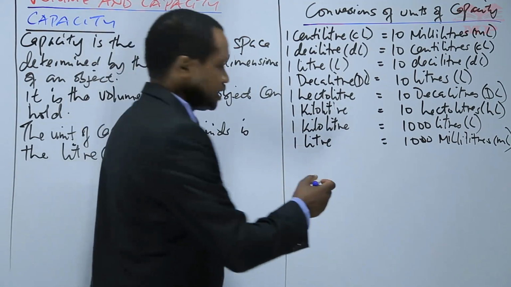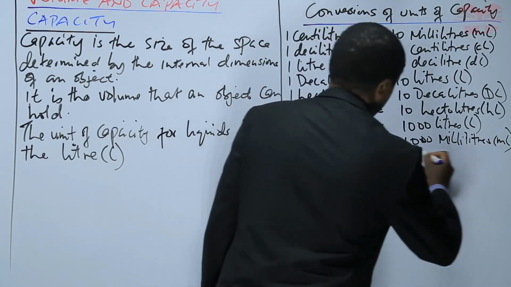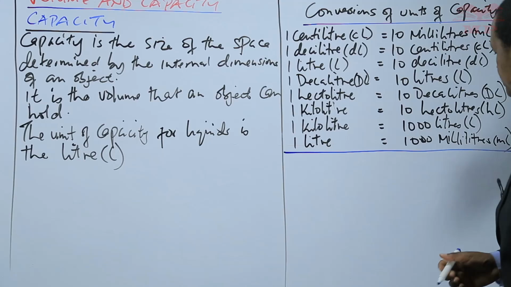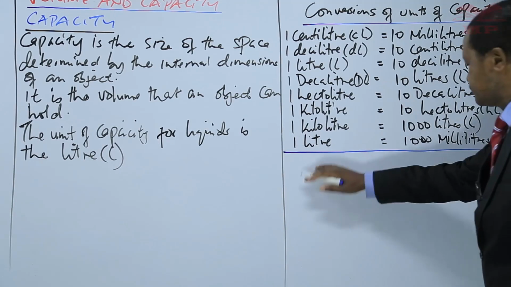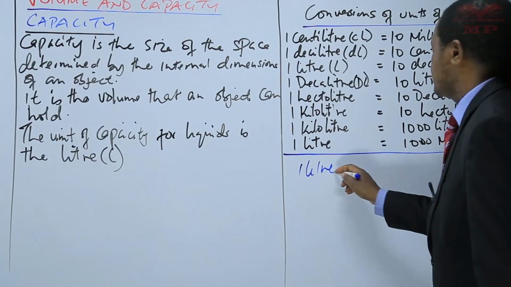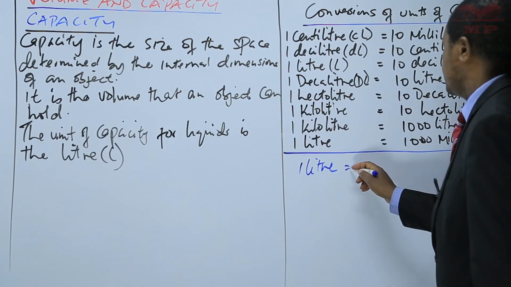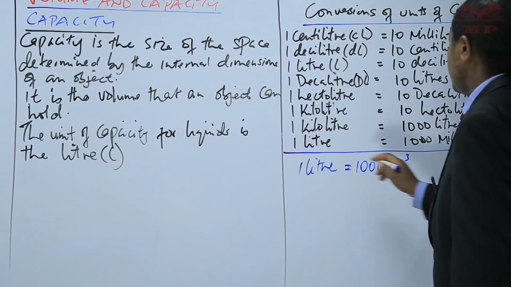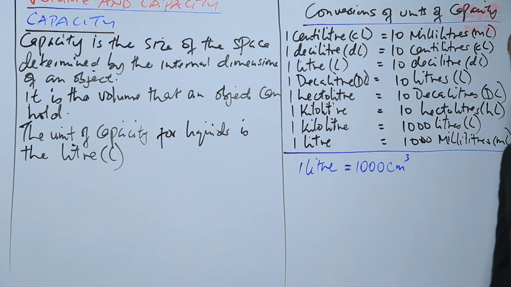So learners, another very important conversion I want us to note down here is that 1 liter is equal to 1,000 cubic centimeters.